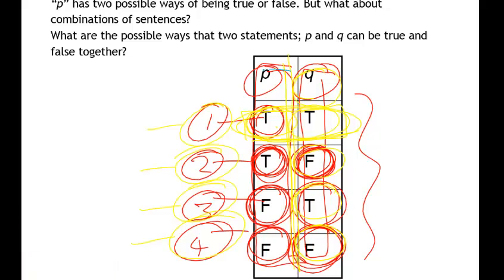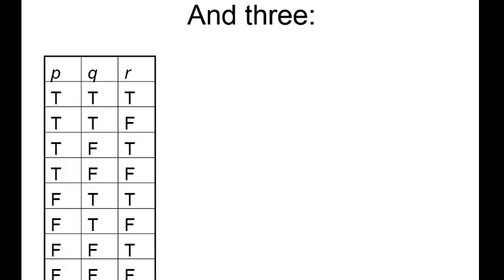When we look at the columns, we've got TTFF falling under P and TFTF falling under Q. Those together give you a conventional arrangement of all four possible ways things could be true or false together.